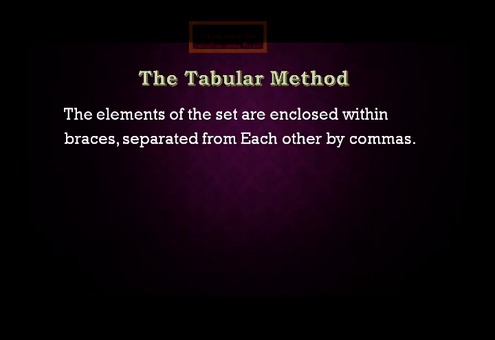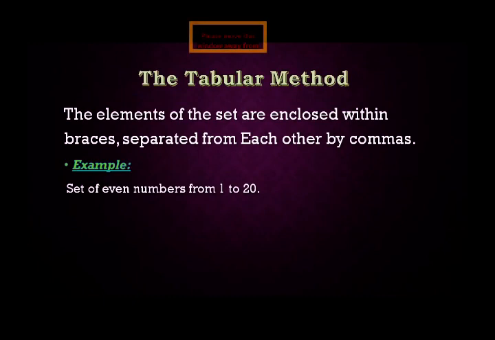The elements of a set are enclosed within braces, separated from each other by commas. What is tabular method? The tabular method is always written within the braces and each element is separated from each other by commas. Let's suppose this is an example: A equals to 2, 4, 6, 8, 10, 12.